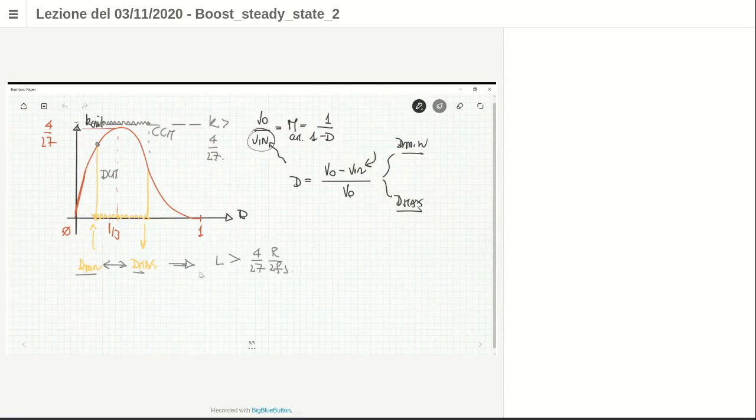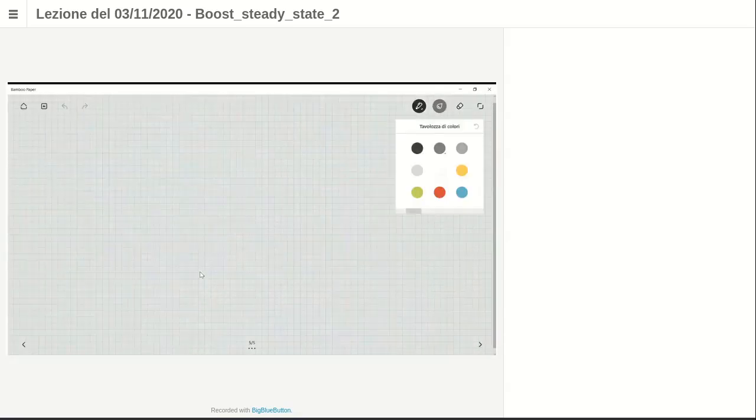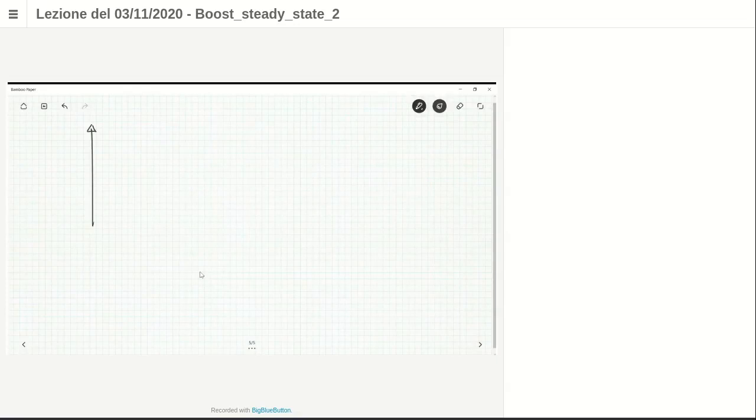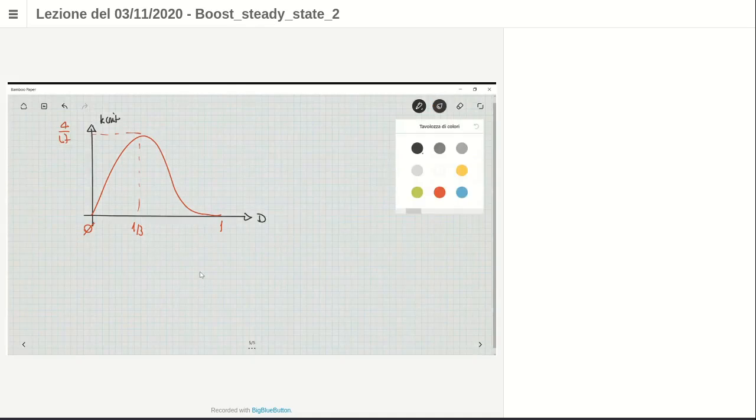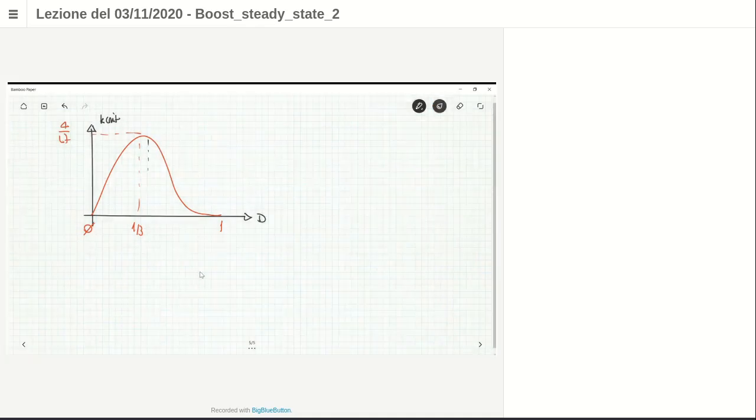But what happens in the situation in which you have a different variation of the duty cycle? For example, something like this. Supposing now that the variation of your duty cycle is something like this.